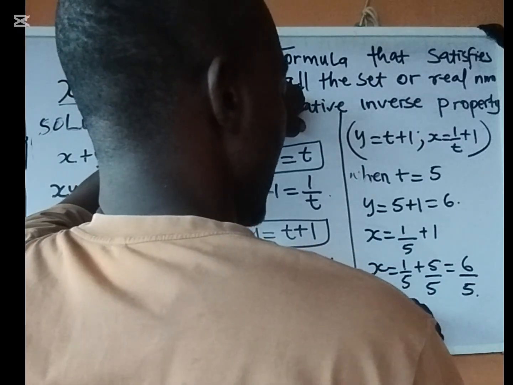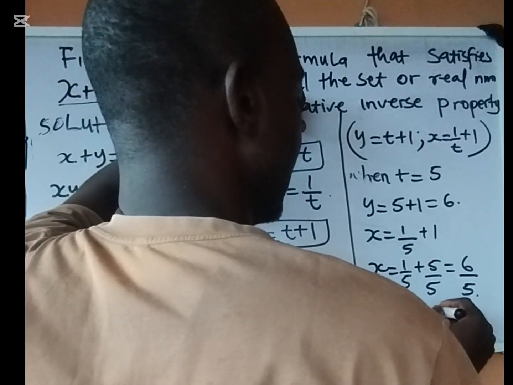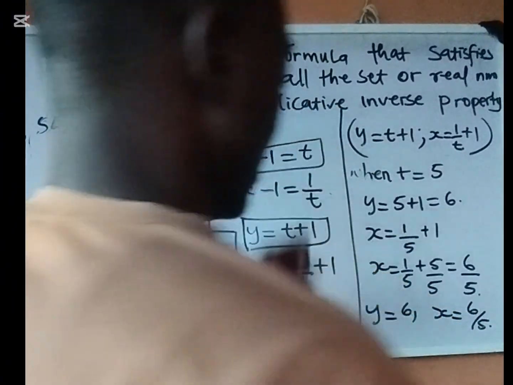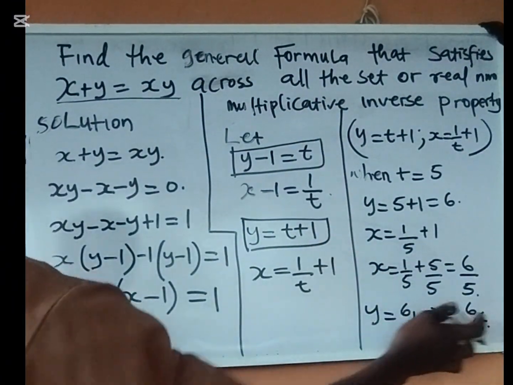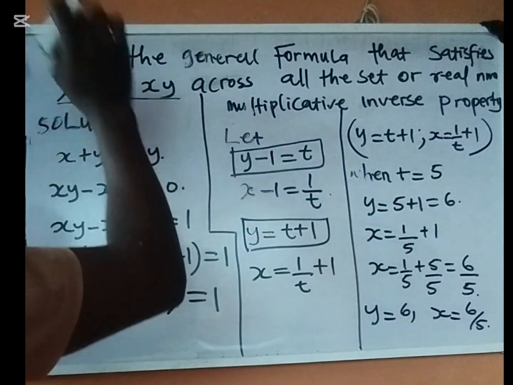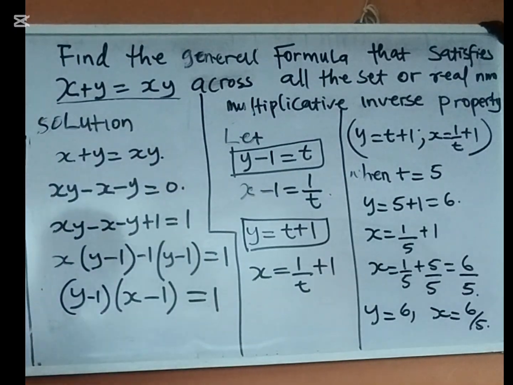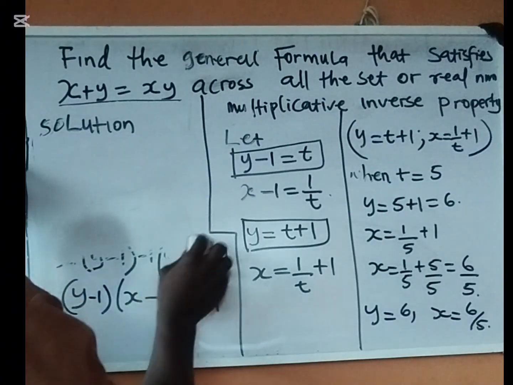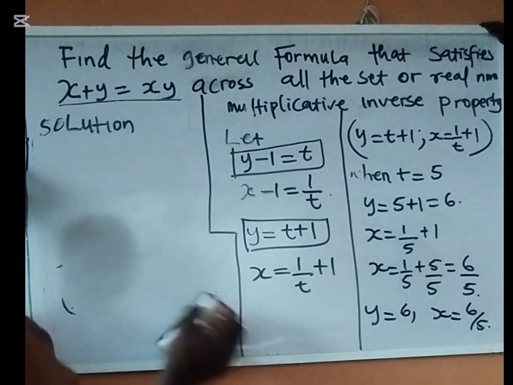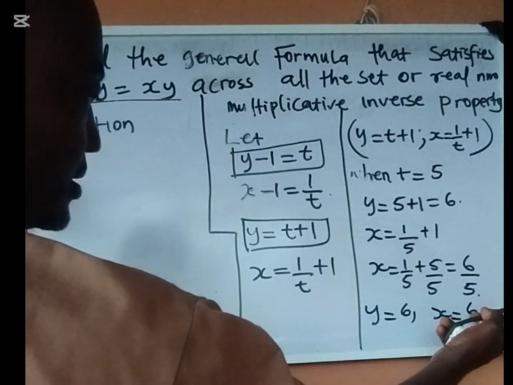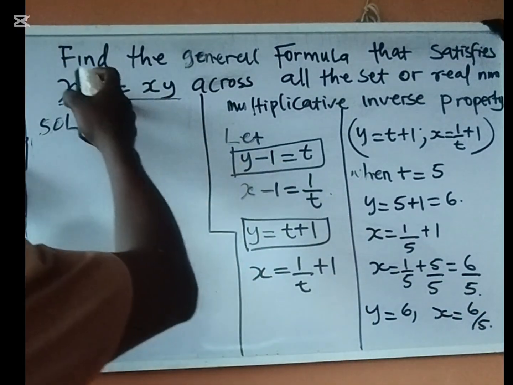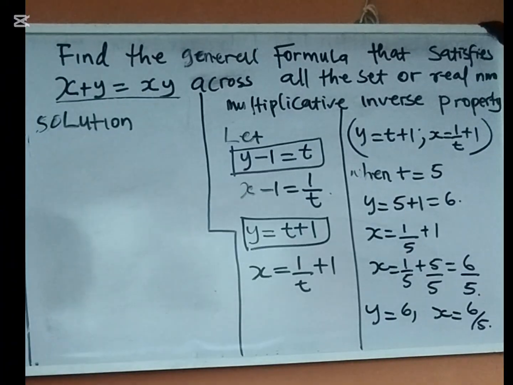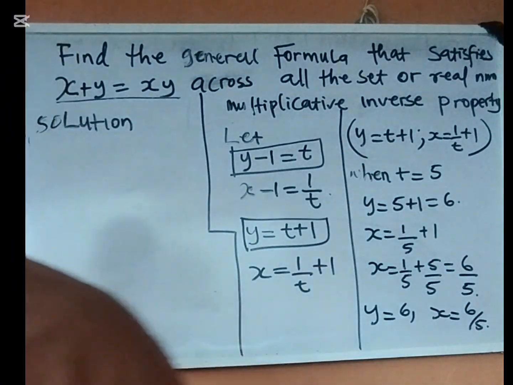So y is equal to 6 and x is equal to 6 over 5. Let's fix these two answers into this equation to see if the product of 6 and 6 over 5 will be the same as the sum of 6 and 6 over 5. If it is the same, then our formula is correct.